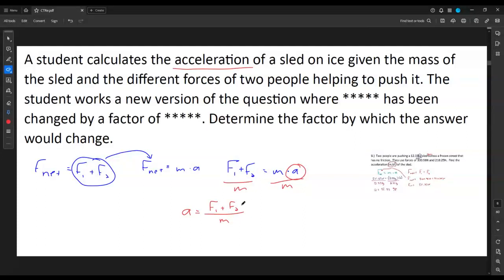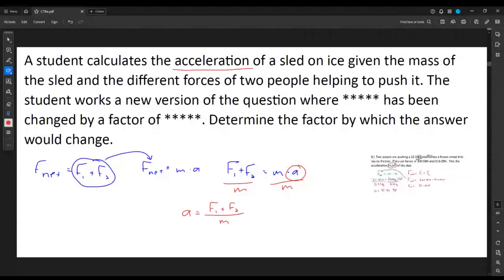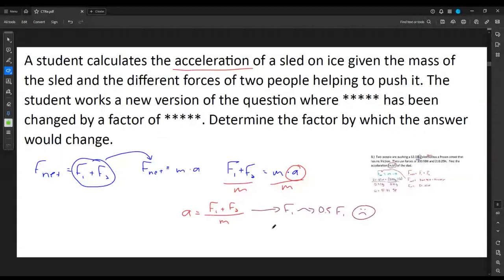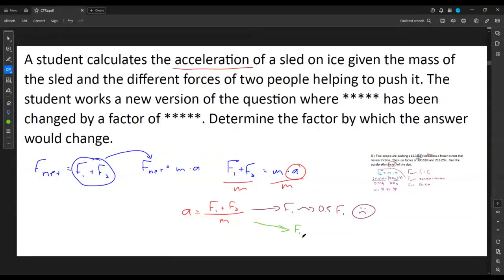Okay, so we want to think about what this is going to do from different types of changes. Once again, if you change only one force, then we don't really know how that's going to affect the total of the forces exactly, and we're going to get stuck. If we change both of the forces, so F1 and F2 are adjusted, then we at least know how the net force is going to change, similar to the previous example we looked at.